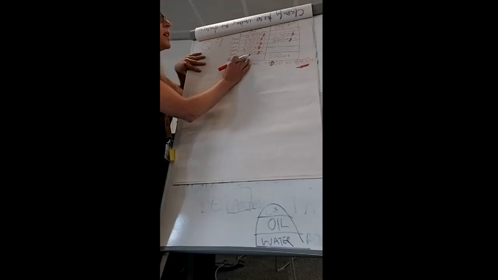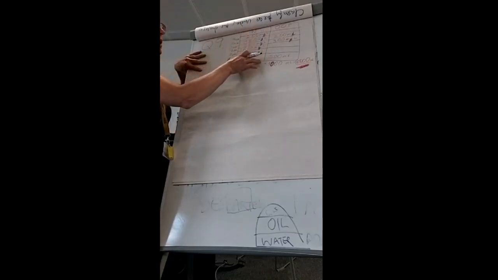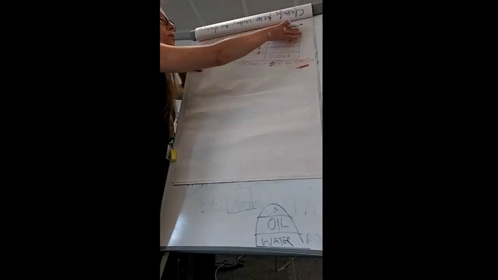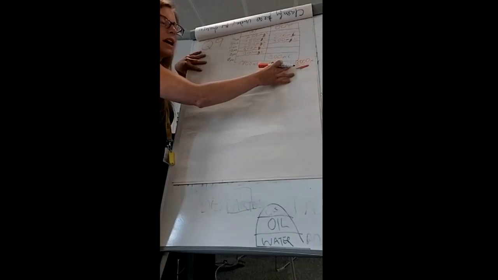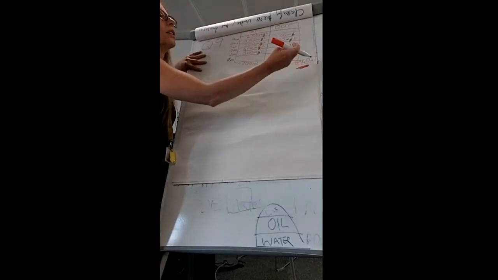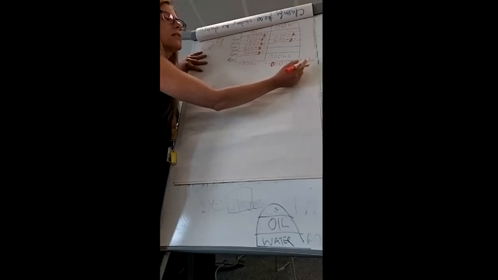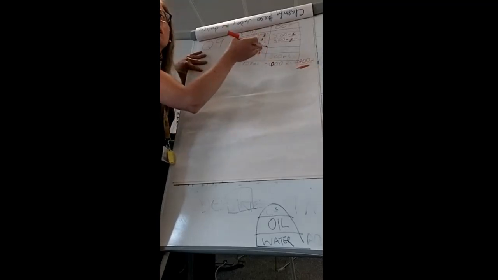Okay, let's see. We add all of the things together that are inside our body, minus the things that are out. And then we are left with the result of plus or minus. Plus means the body still has water in it.